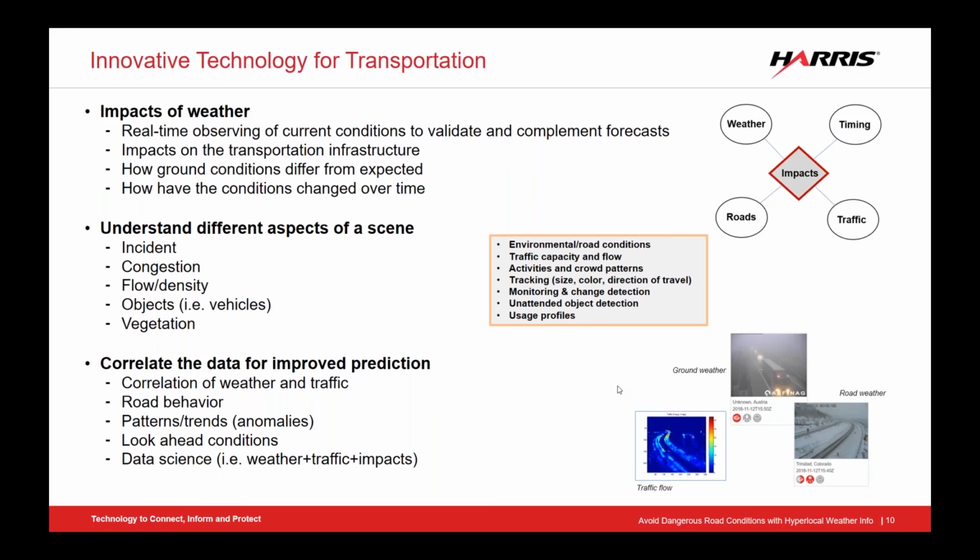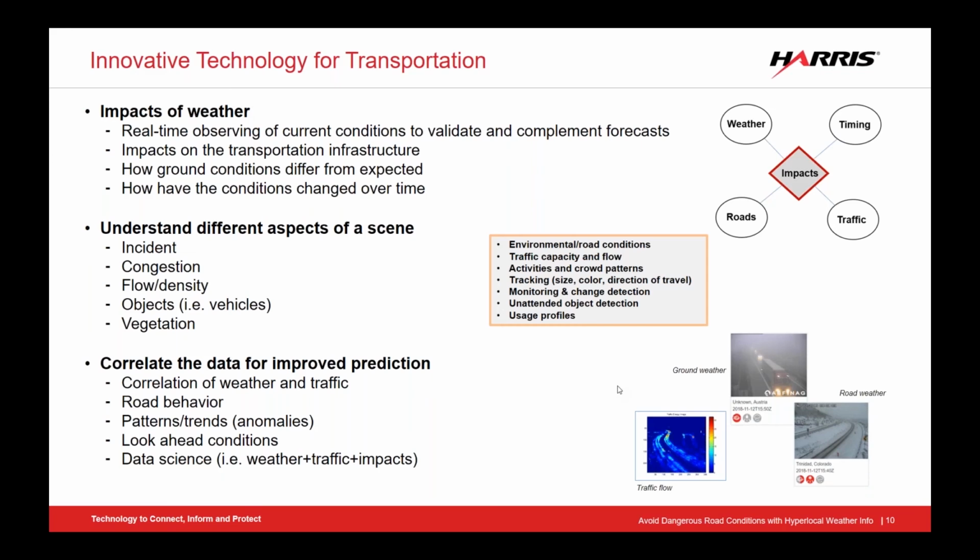As weather goes across particular camera images, we can start to understand that road behavior against weather, against all sorts of different types of aspects that we extract from the scene. Patterns and trends and anomalies, I'll talk about that in the next slide.